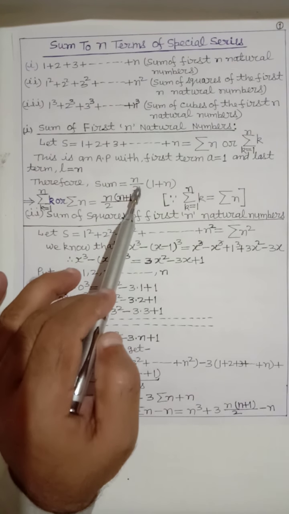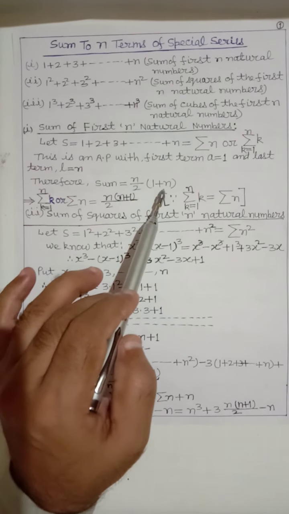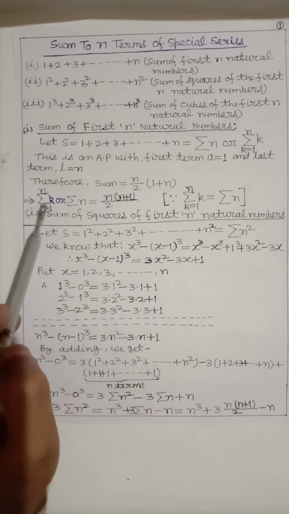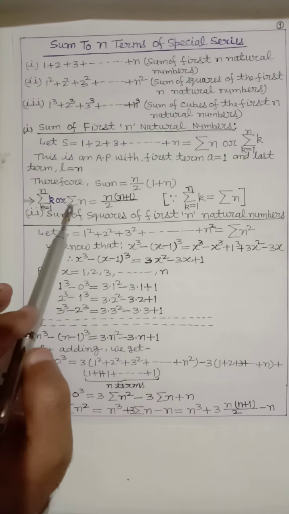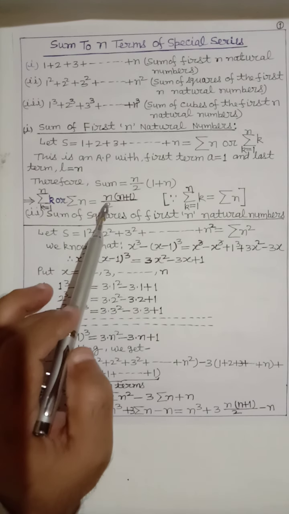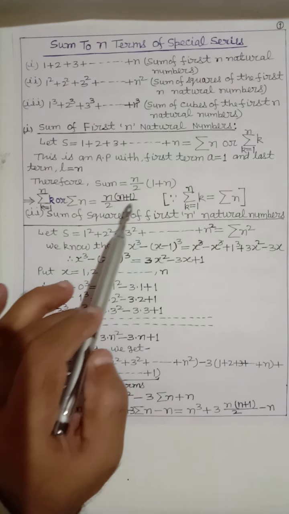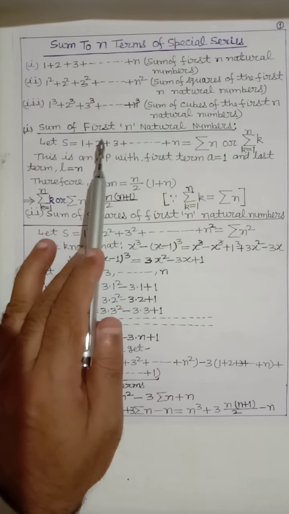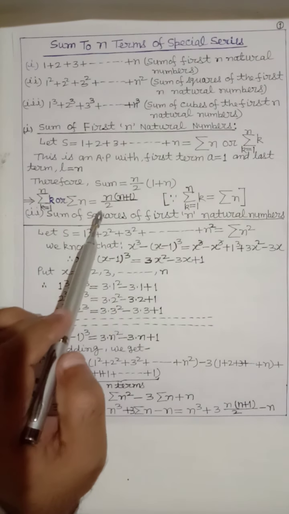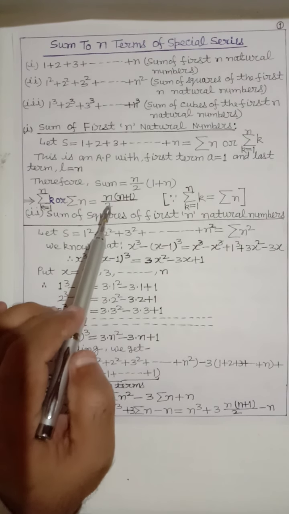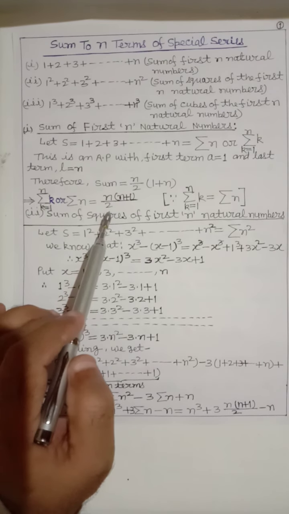So, n by 2 into 1 plus n, and this can be written as summation k, where k varies from 1 to n, or summation n equal to n into n plus 1 by 2. Meaning of that is the sum of first n natural numbers equal to n into n plus 1 by 2.